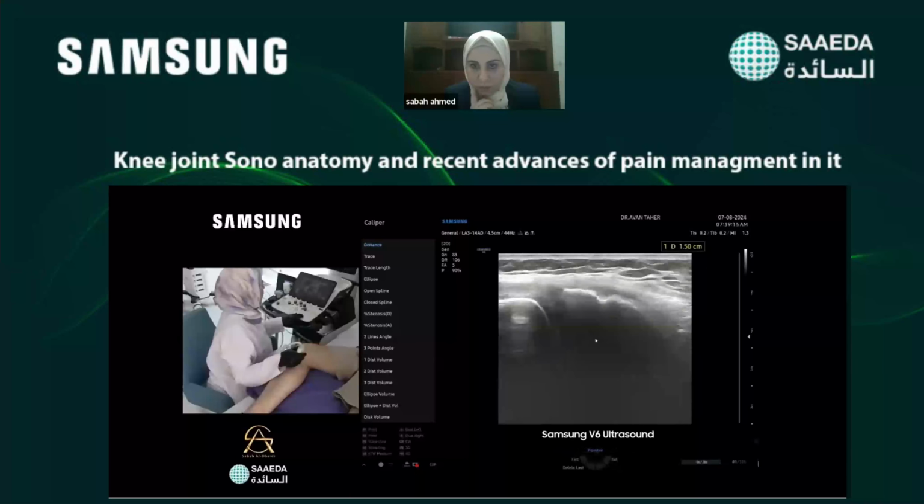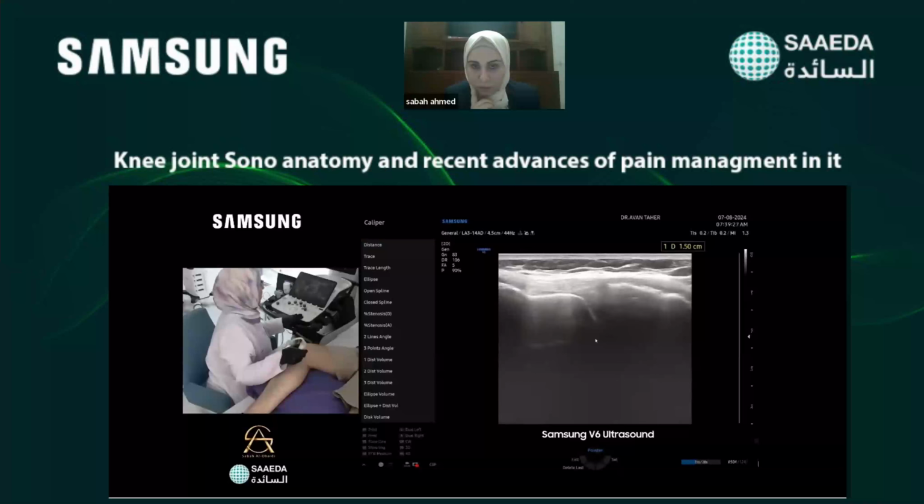Here, what is important? We have an important ligament here. As we know, the medial compartment of the knee joint is covered by the medial patellar retinaculum. The first layer that appears here is the hyperechoic line that continues above to reach the vastus medialis and converge within it. So it is the medial patellar retinaculum. Then the second layer is the medial collateral ligament.